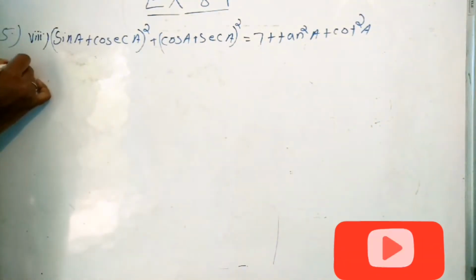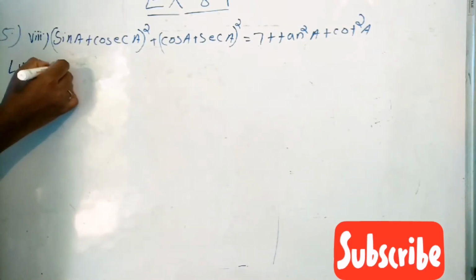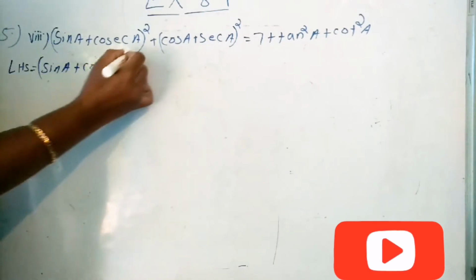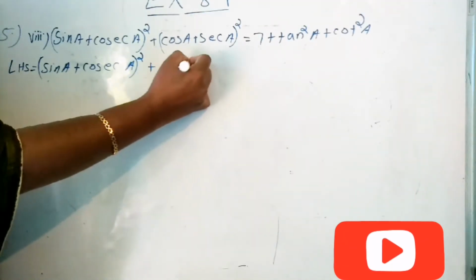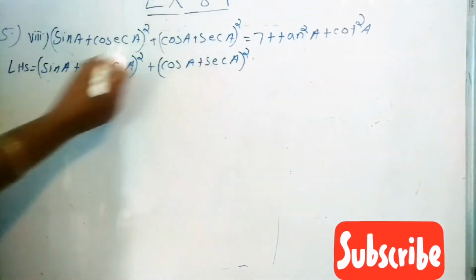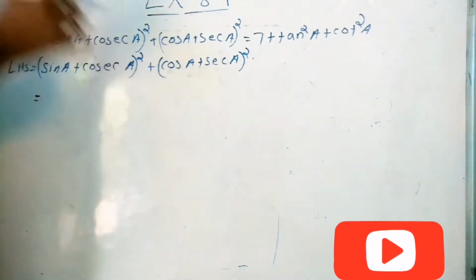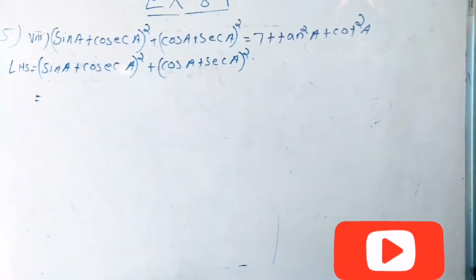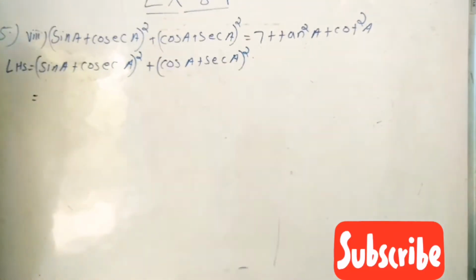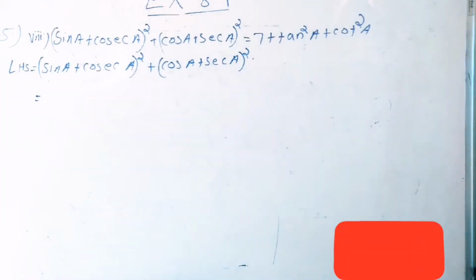Now LHS is equal to (sin A plus cosec A) all square plus (cos A plus sec A) all square, and we will expand these two terms by using (A plus B) all square.